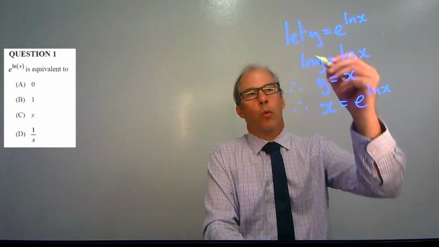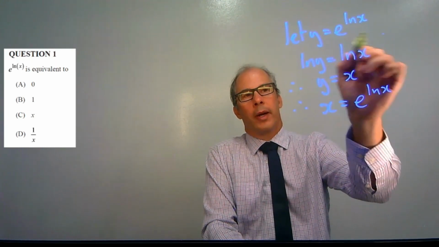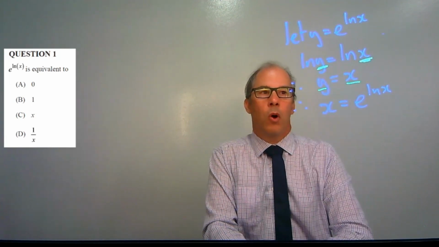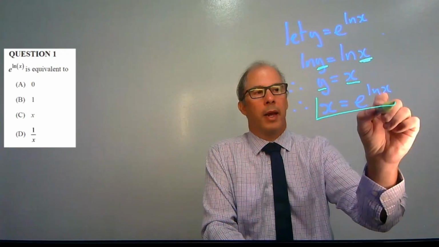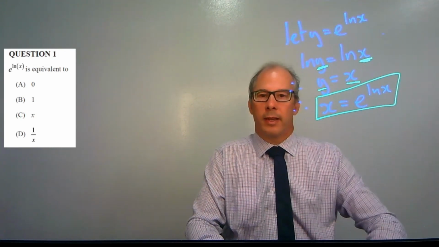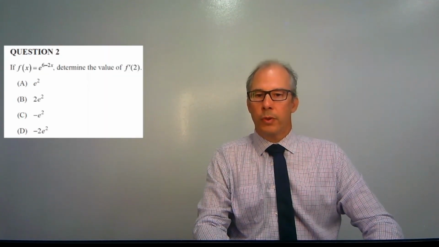If I rearrange that into log form, I've got ln y equals ln x. So y must equal x. Therefore, I can make this statement that x is equal to e to the ln x. Answer C.